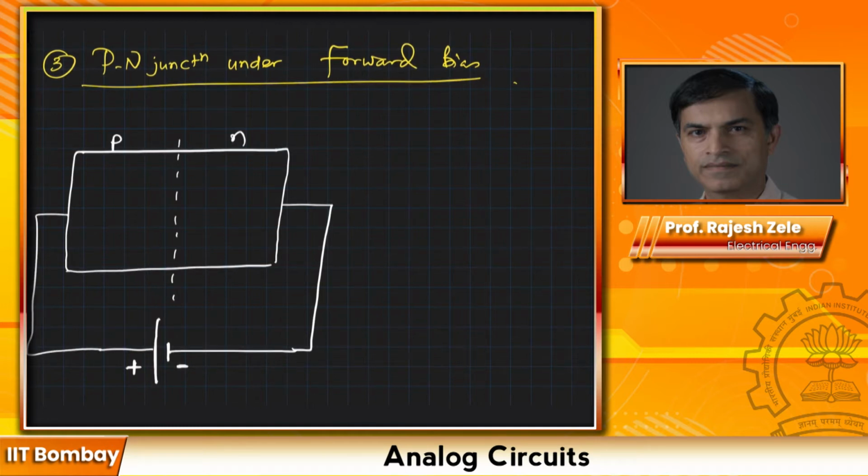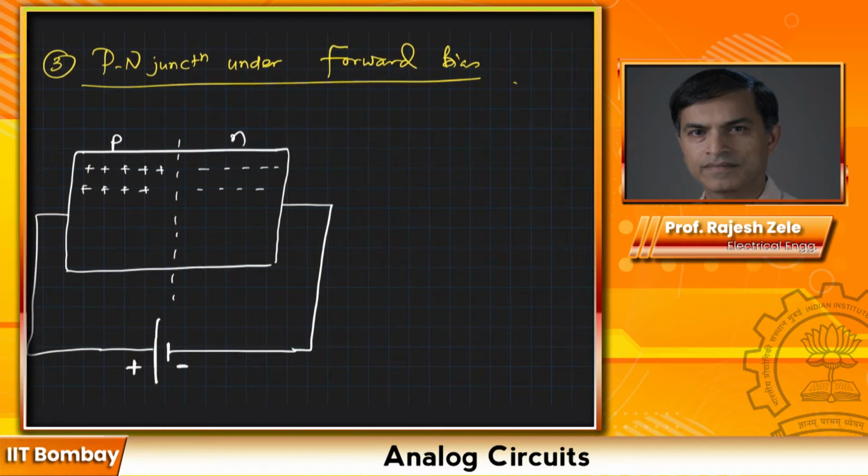Now I am flooding the positive charges in the P type, and I have flooded the electrons in the N type. Obviously, we are making P type have lot more holes, and N type we are going to add more electrons.